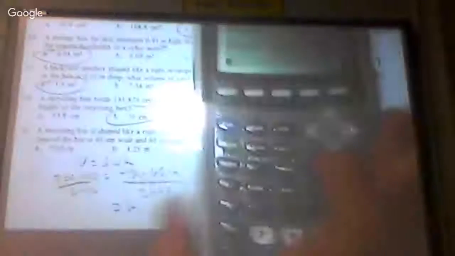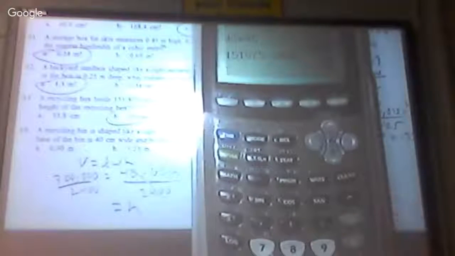H equals 300,000 divided by 2,400. H is 125. Now, that's centimeters. Look at all these answers. They're in meters. So it'd be B. Be mindful that 100 centimeters is 1 meter.